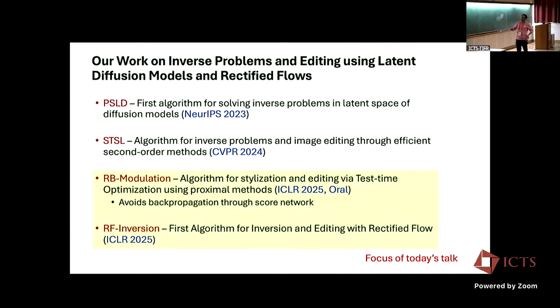And then STSL. This still suffered from the same problem we talked about yesterday, which is it's a first order approximation. So STSL was a second order approximation algorithm where we looked at the second term of the expansion. Since we have yesterday's talk as context, I can talk a little bit more in detail here.